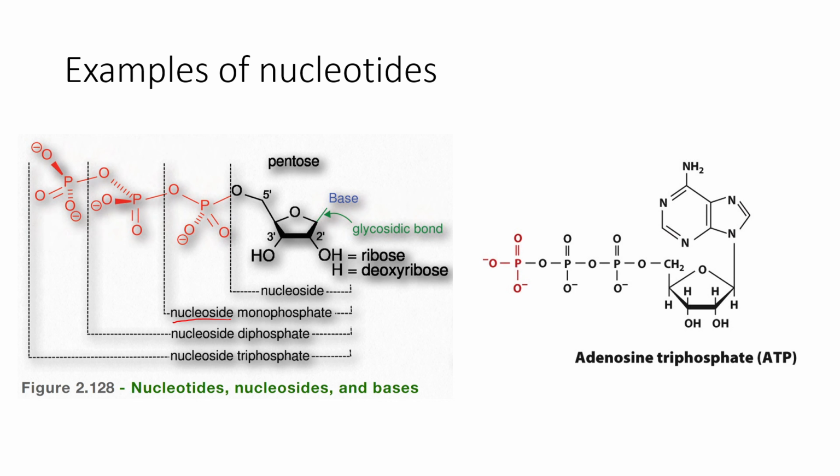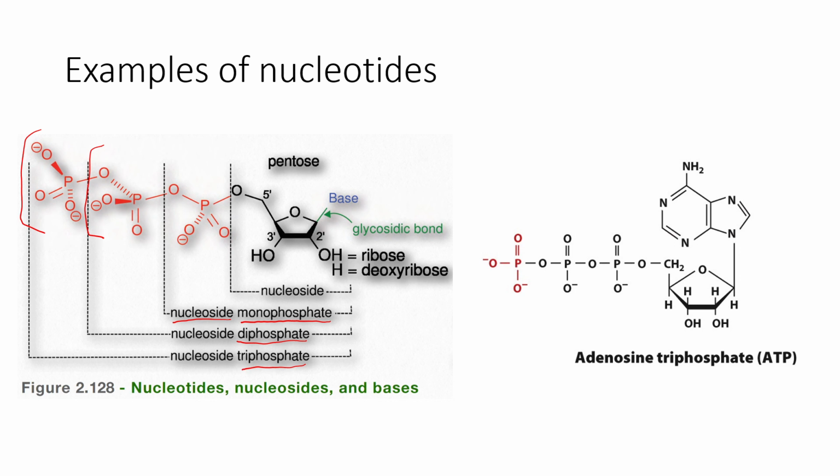If there's one phosphate, you could call it adenosine monophosphate. If there are two phosphates, or a diphosphate ester attached here, you can call it a nucleoside diphosphate. And if you have three phosphate groups, then you would call it a nucleoside triphosphate.